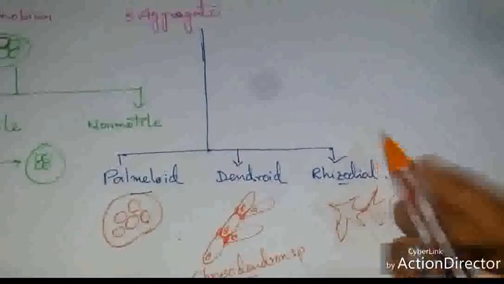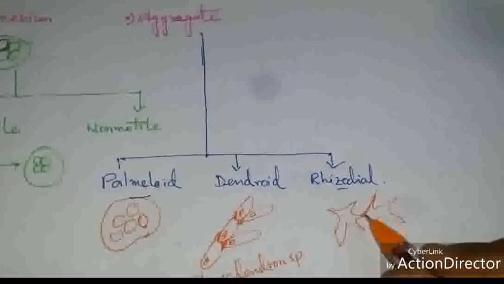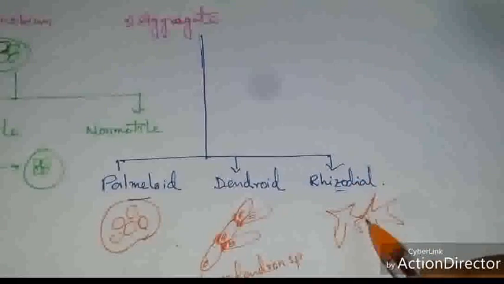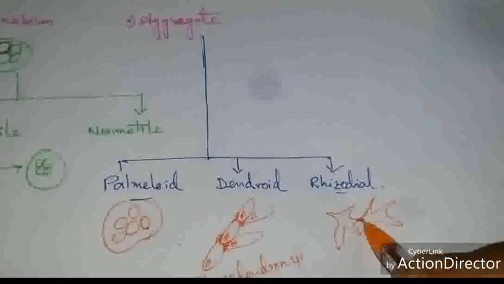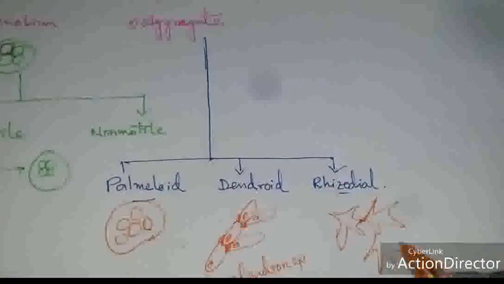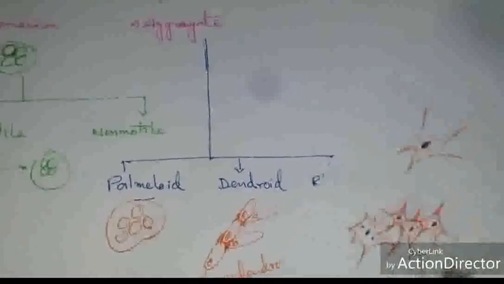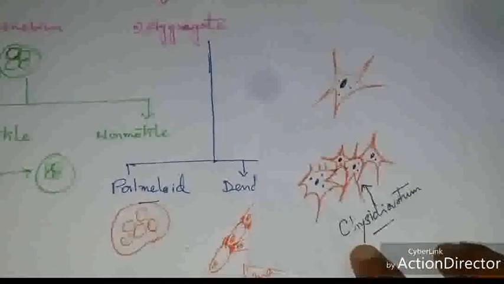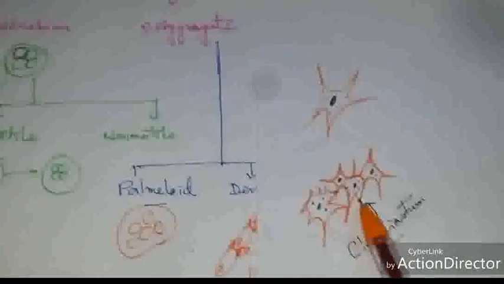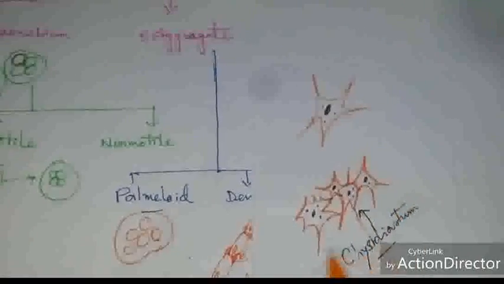Here rhizopodia help to attach them and form a colony. An example of this type of algae is Chrysidiastrum. Here this is a rhizopodia which helps to form a colony.